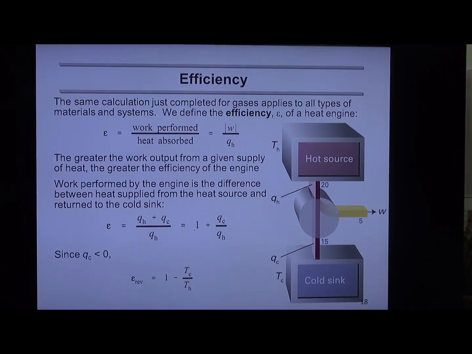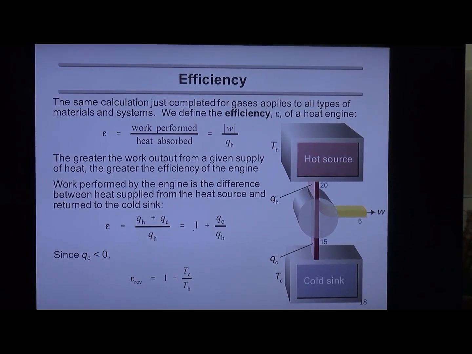Right. To demonstrate that, we first need to introduce a new concept called efficiency of heat engine. Okay, let's use the whiteboard for a while. Alright. So Carnot engine, we showed that is a kind of heat engine.